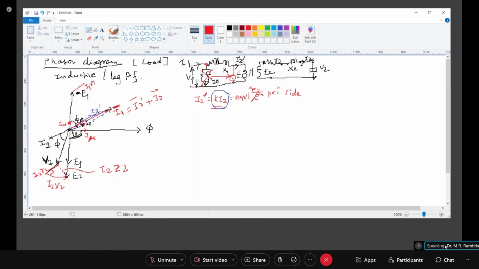So this is E1, this is I1 R1, and 90 degree to that, this will be my I1 X1. And when I add these both the drops together, I get, if I put this as a Z1, it will be this drop. When I put it over here, it will be I1 Z1. So that is this drop.